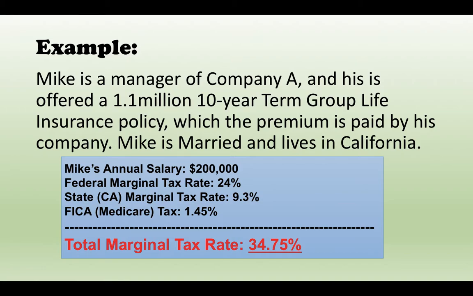So he just has to pay the Medicare tax, 1.45%. Added together, this gives Mike a marginal tax rate of 34.75%.